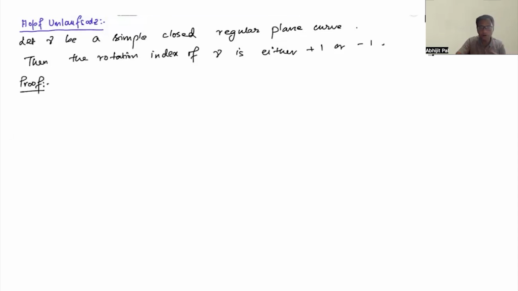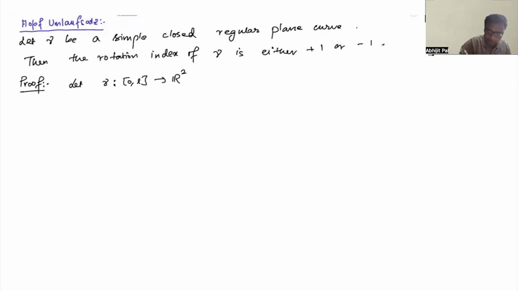We can always have a parameterization of this gamma which is unit speed. In order to do that, you take the arc length reparameterization of gamma. So let gamma be defined on the interval 0 to L.